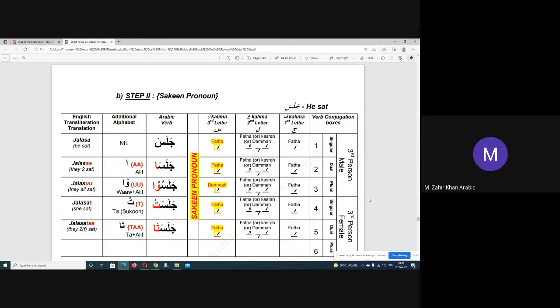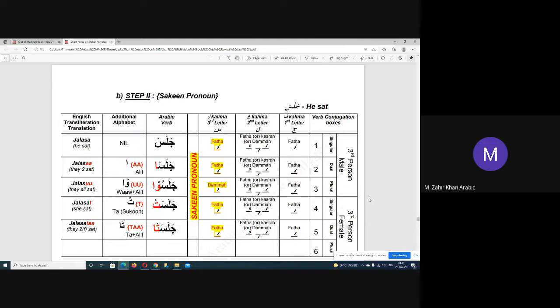For he sat, you can use fatha for the third radical, and for they two sat, you can use fatha on the third radical. But when it comes to they all sat, it will be dhamma. Why? Because there is an extra waw with sukun. For she sat, the third radical will have fatha, and for they two females sat, the third radical is having fatha. So you have to remember whether the third radical is ending with fatha, dhamma or sukun.